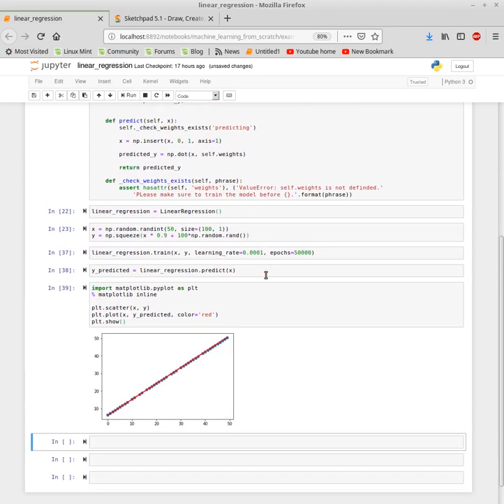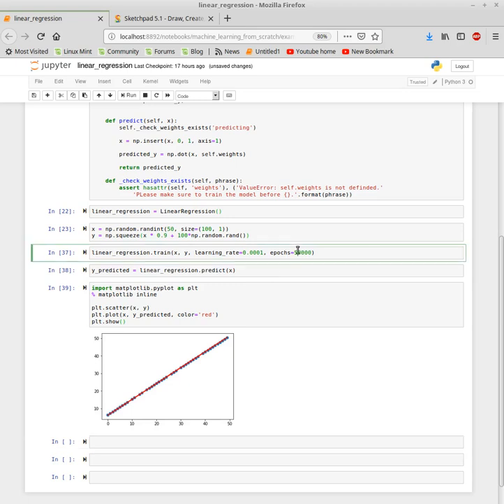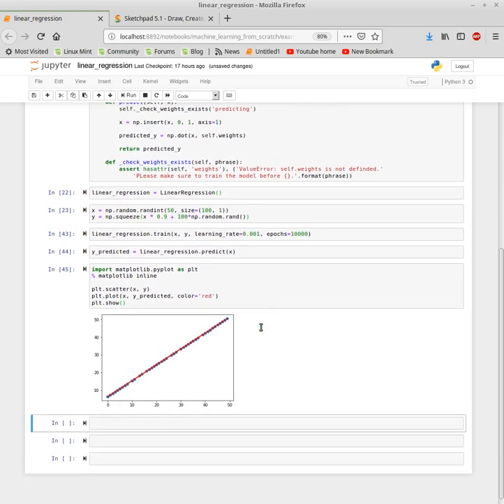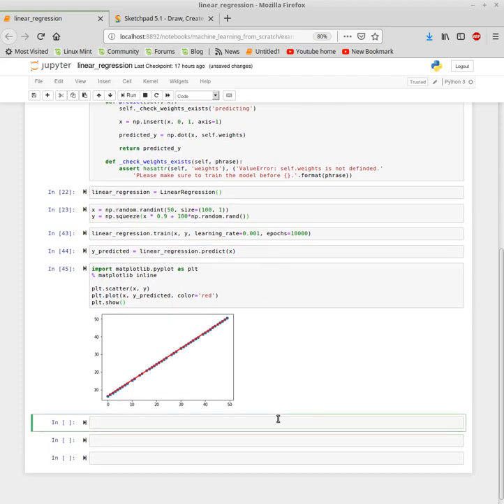Okay, well that's pretty good. So, what if I did less, and just made the learning rate better. Okay. So the learning rate just shows how big of a step you update your weights, and the number of epochs is how many times you update. How many times you take the partial loss and you update.